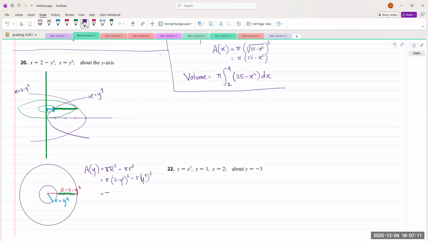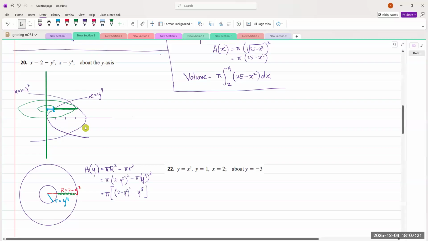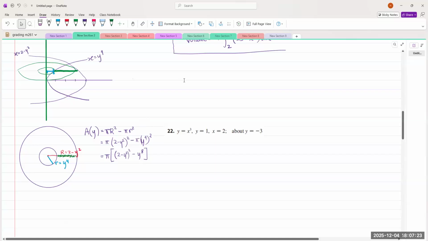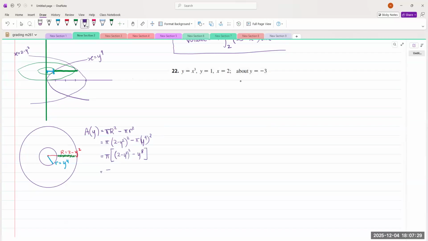If I factor the pi, I will get 2 minus y squared, being squared, minus y to the eighth. Let me simplify this before we actually end up with the integration. So this is pi times 4 minus 4y squared plus y to the fourth minus y to the eighth.